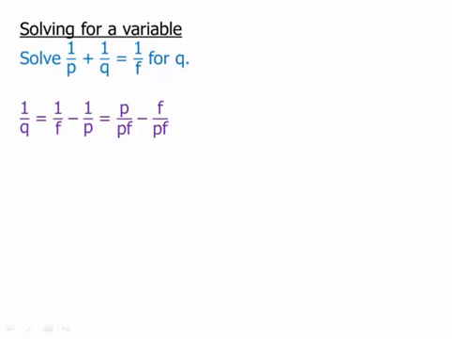We get this. We combine the fractions into a single fraction. Well, now we have a single fraction on both sides of the equation. 1 over q equals the single fraction p minus f over pf. Well, now we can take the reciprocal of both sides, and we get q equals pf over p minus f. And that is the correct answer.